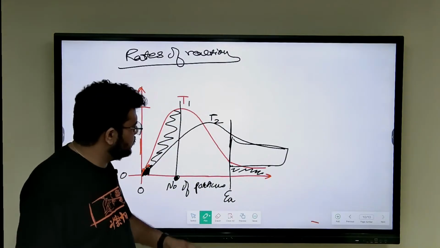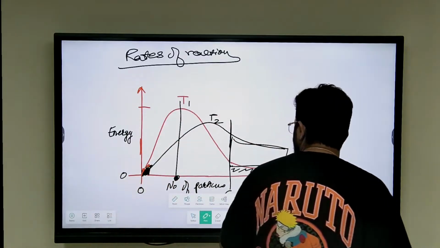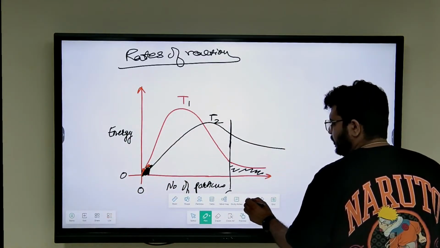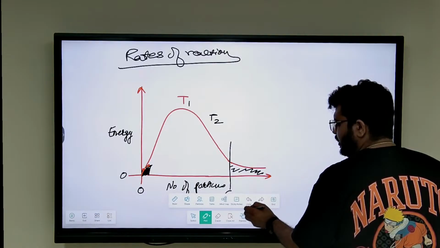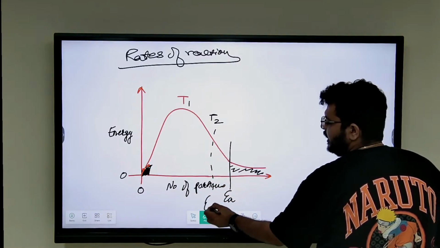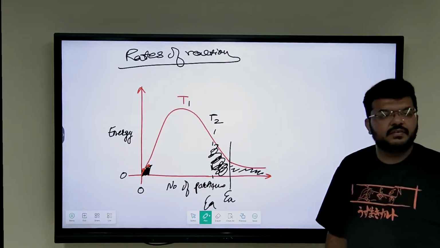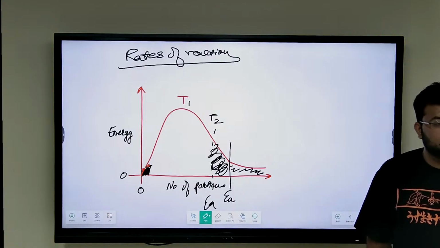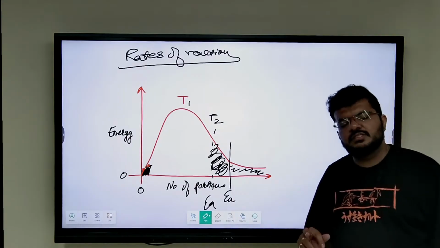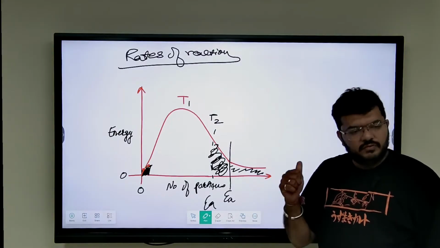What does a catalyst do? It decreases the activation energy. Let's see. What if we did not change the temperature from T1 to T2? At this point, if you add a catalyst, it will decrease the activation energy, so now these many particles have enough energy to react. So in both cases the number of particles with enough energy to react increases.